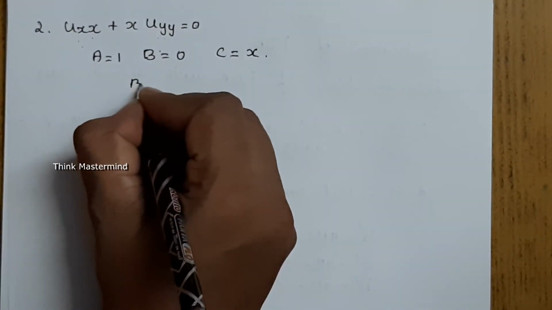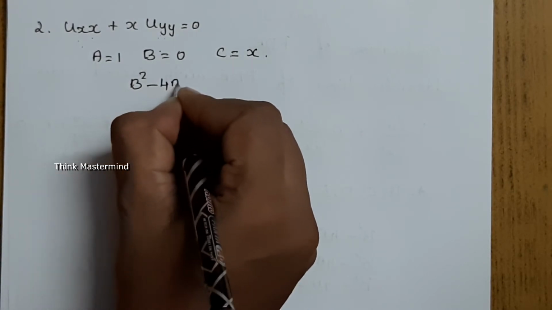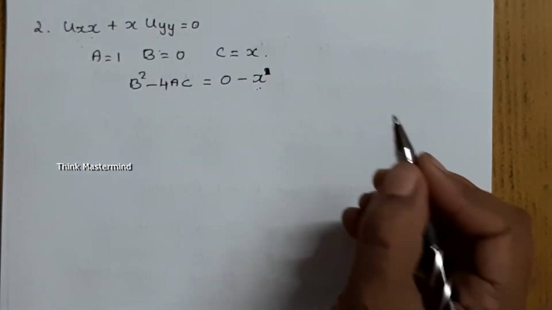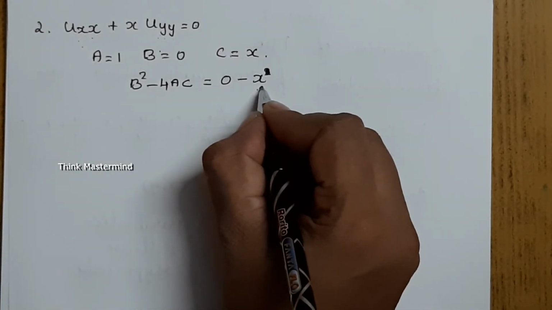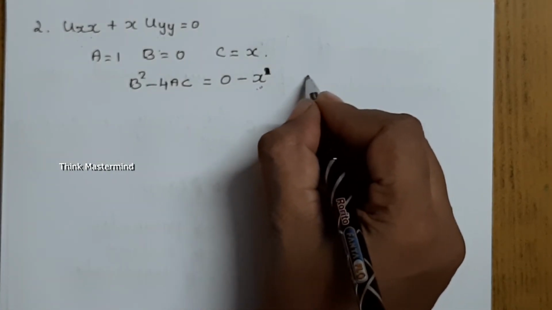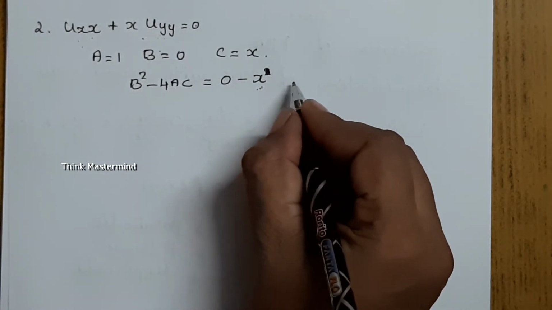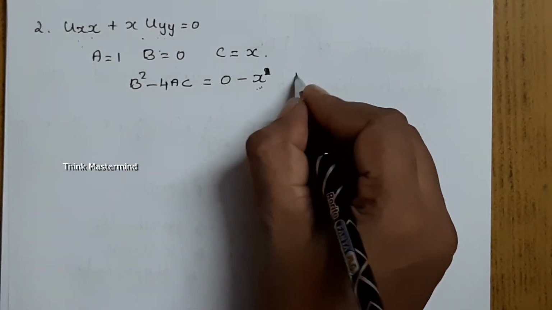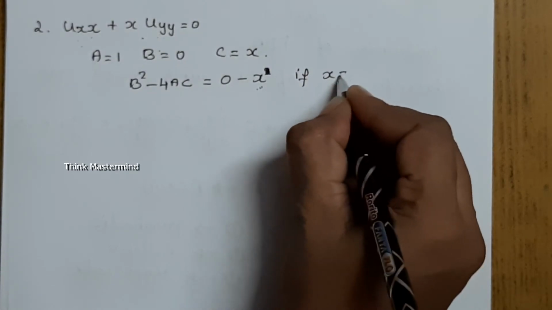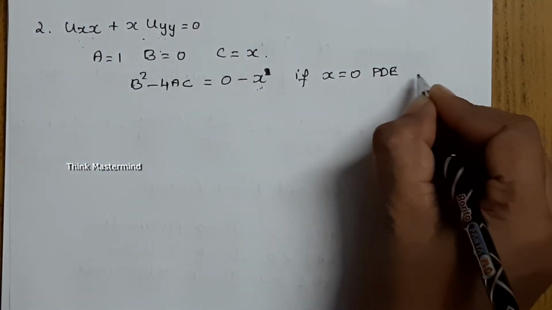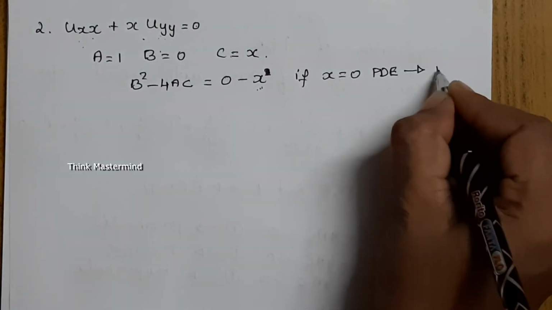Now I am taking b² − 4ac value, that is equal to 0 − 4x. According to the x value, I have to say whether the given partial differential equation represents a parabola, hyperbola or ellipse. If x is equal to 0, the given partial differential equation represents a parabola.